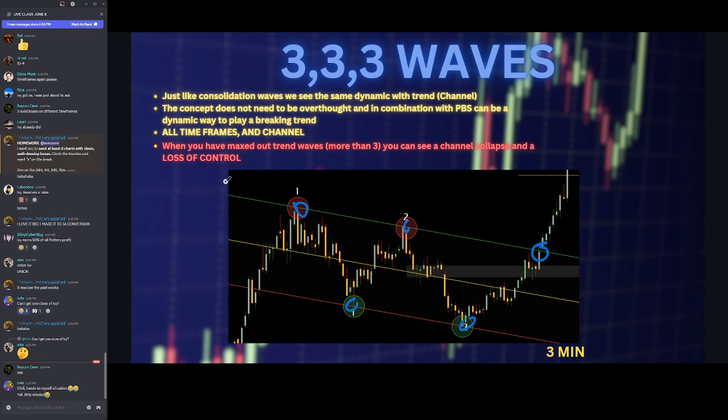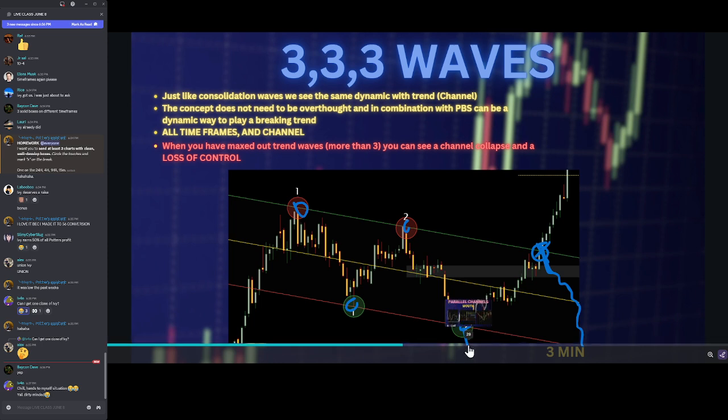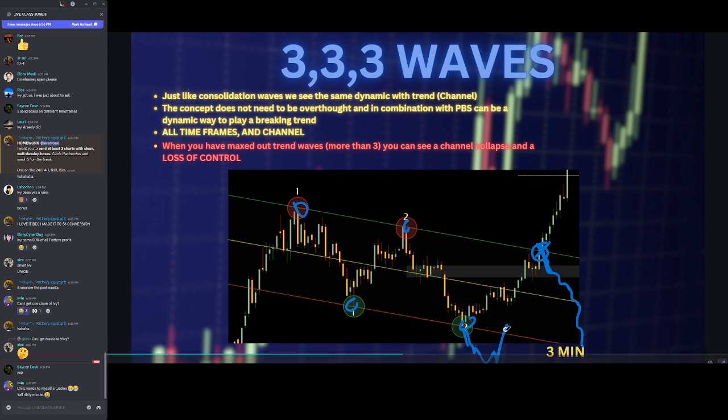When you have maxed out trend waves, more than three, you can see a channel collapse and a loss of control. Now, this is at the bottom, right? So say you rejected there and you end up whittling down. A lot of the times that channel will go much lower. This is puzzling for some people because oftentimes it will go down and then it will respond to the actual channel. It will go and tap it, go sideways, and then it will break up and use it as support.